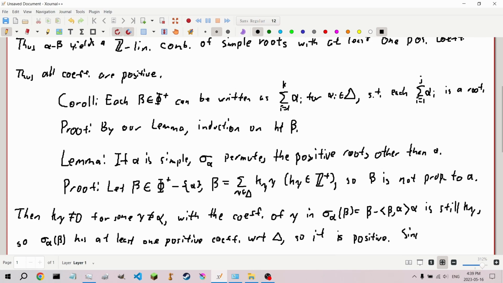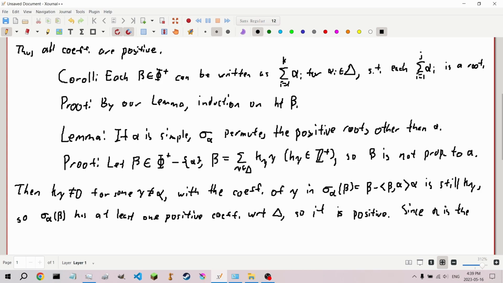And since alpha is the image of negative alpha, we have that sigma alpha of beta cannot be alpha.